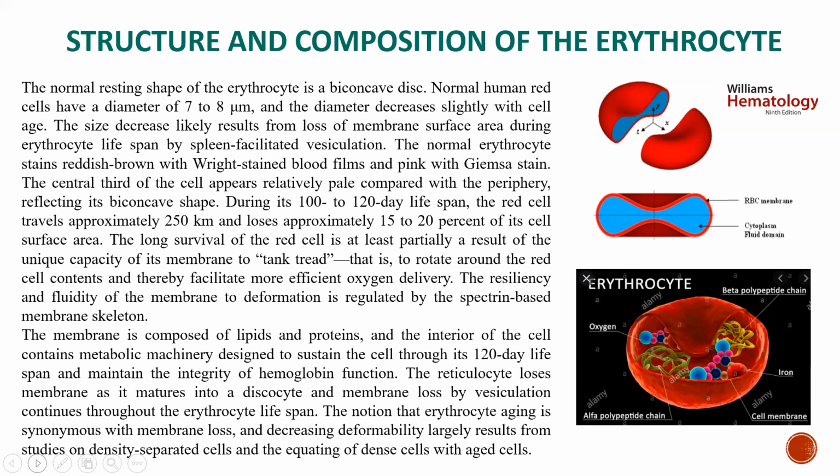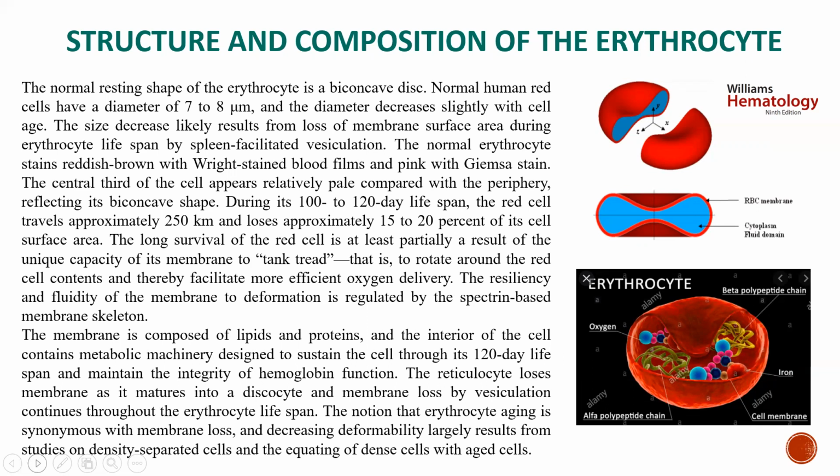The long survival of the red cells is at least partially a result of the unique capacity of the membrane to tank-tread, that is, to rotate around the cell contents and thereby facilitate more efficient oxygen delivery. The resiliency and fluidity of the membrane to deformation is regulated by the spectrin-based membrane skeleton. The membrane is composed of lipids and proteins, and the interior of the cell contains metabolic machinery designed to sustain the cell through its 120-day lifespan and maintain the integrity of hemoglobin function.